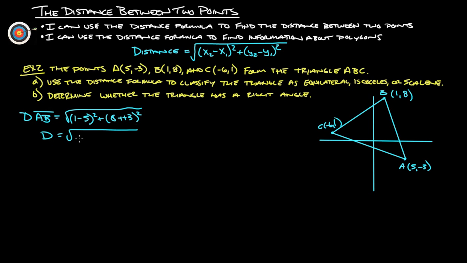1 minus 5 is negative 4 squared. And 8 plus 3 is 11 squared. Negative 4 times negative 4 is positive 16. 11 squared is 121. Add those together and we get 137.